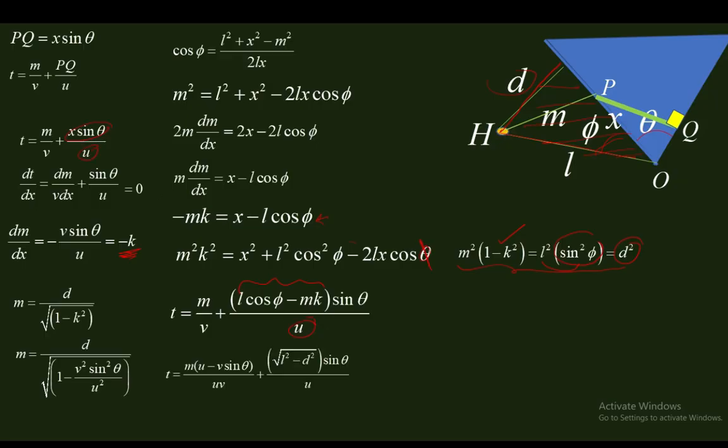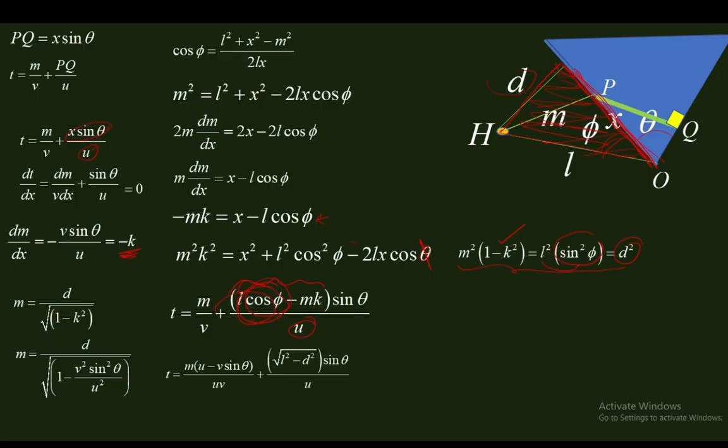Then what I've done is collected all m terms in one term and the remaining in the other term. And I also put the value of L cos phi. If you want to verify L cos phi, come to this triangle. L cos phi is nothing but this distance, and this distance from Pythagoras theorem is under root L square minus d square.